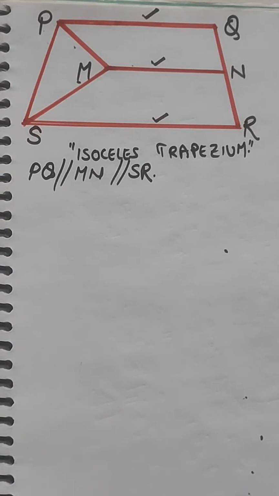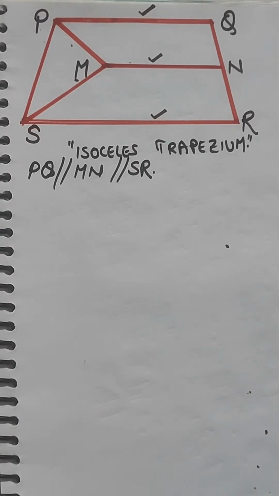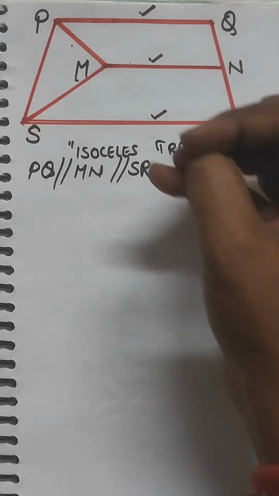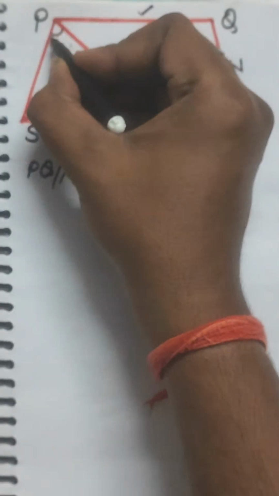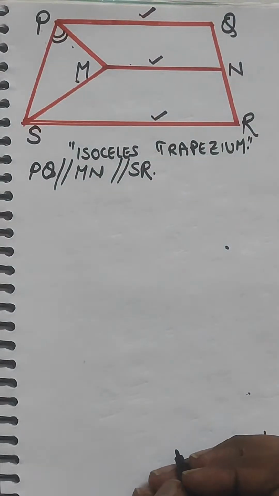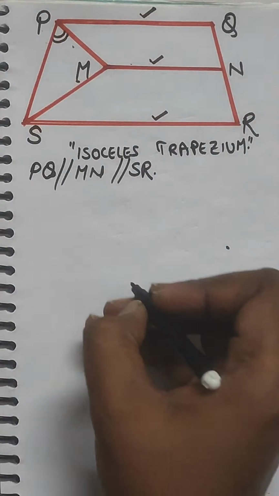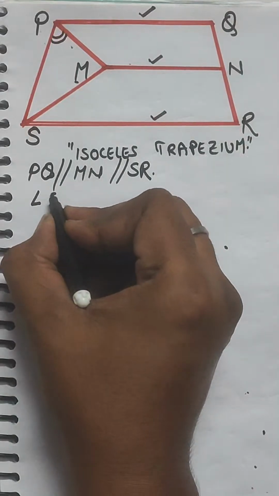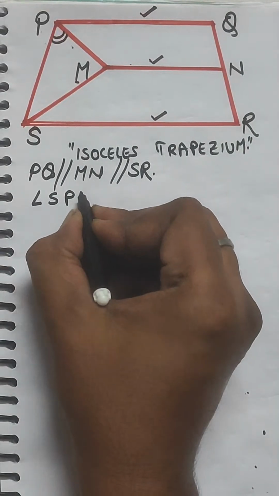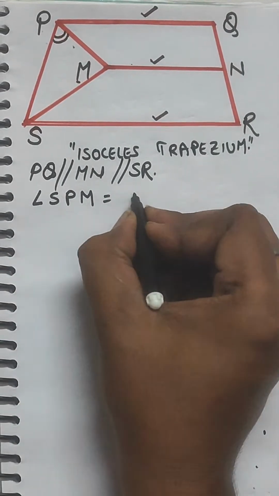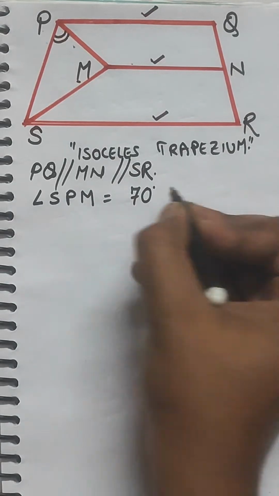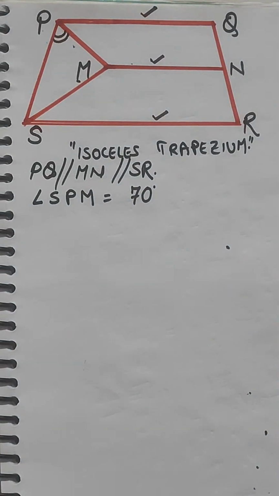And here, if angle SPM, this angle, is given to you and the measure of this angle is 70 degree, angle SPM is 70 degree.